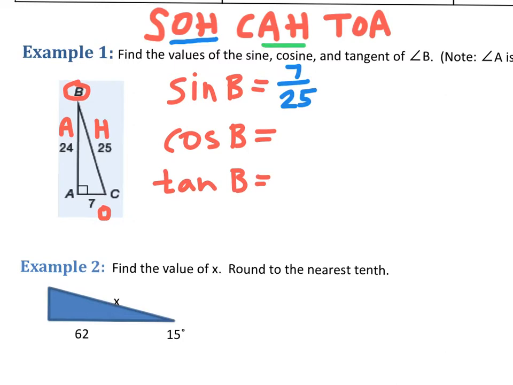So I look to find my adjacent, which is 24, compared to my hypotenuse, which is 25. And lastly, my tangent is my opposite over adjacent. My opposite is 7 over my adjacent, which is 24. So those are the 3 ratios that represent the sine, cosine, and tangent of angle B.